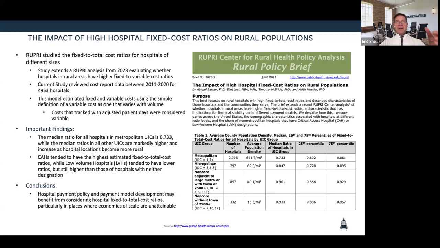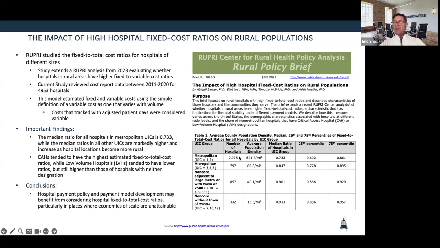They estimated fixed and variable costs using the simple definition of a variable cost: if volume changes, what changed in my cost? They ran a huge regression analysis to get to the bottom of what these true variable costs are.